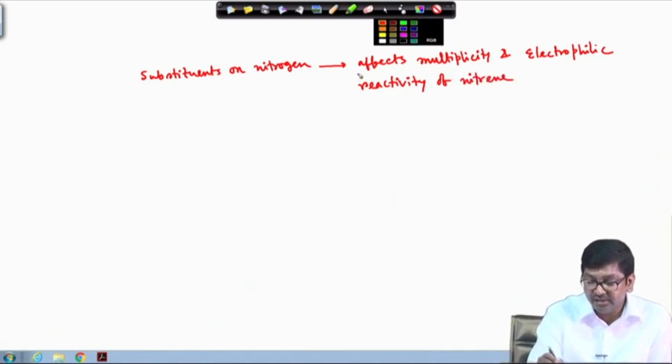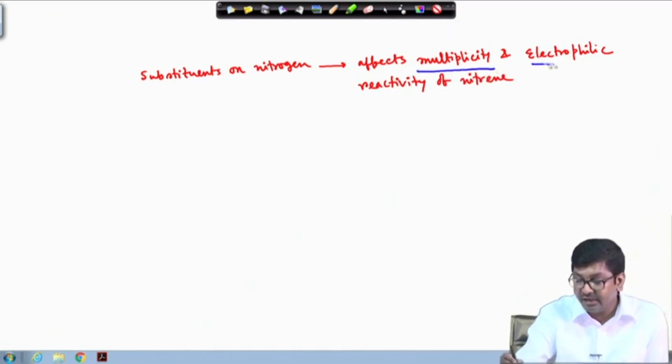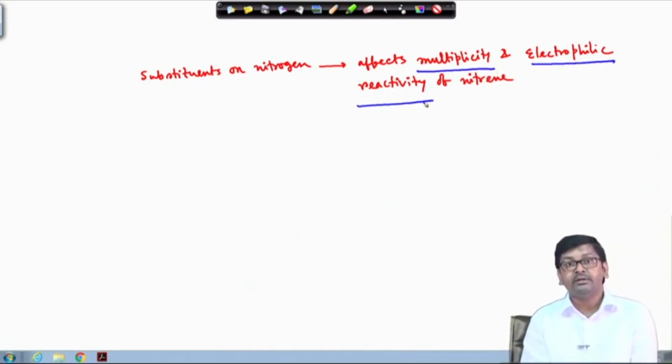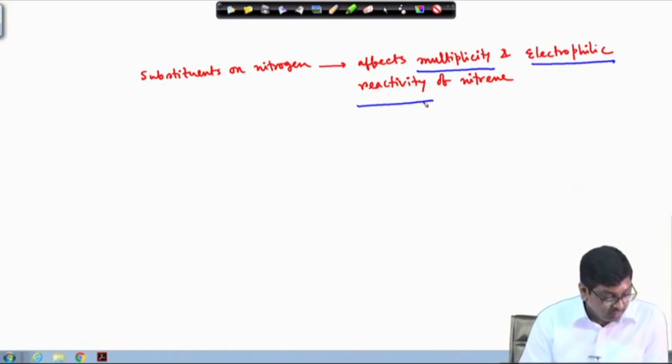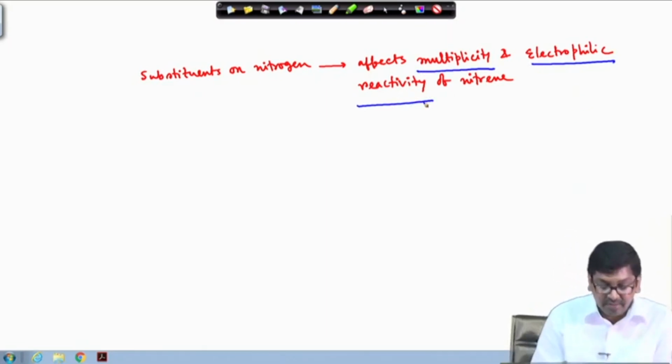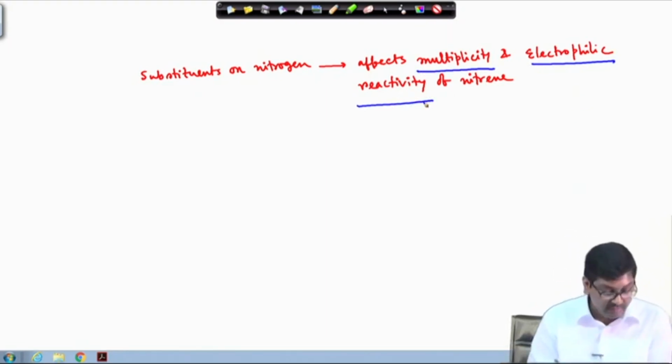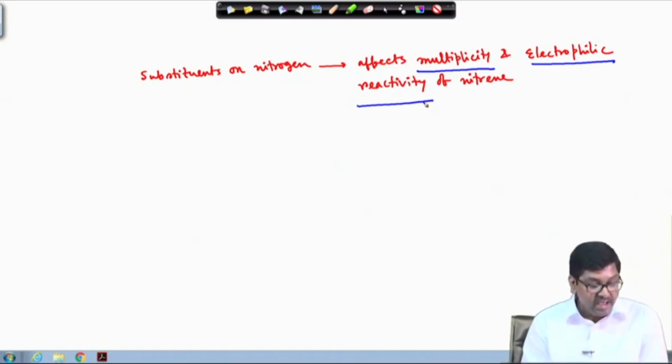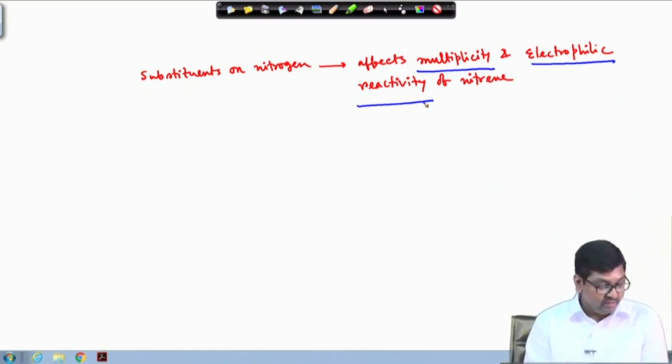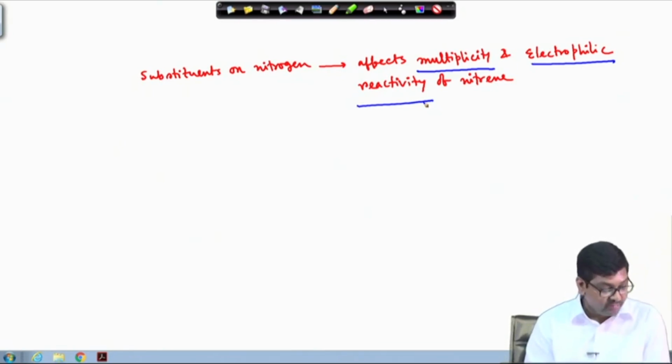So, in general that affects the multiplicity and the electrophilic reactivity. If we take, for example, some strong pi donor substituent, it could stabilize the singlet ground state of this nitrene.